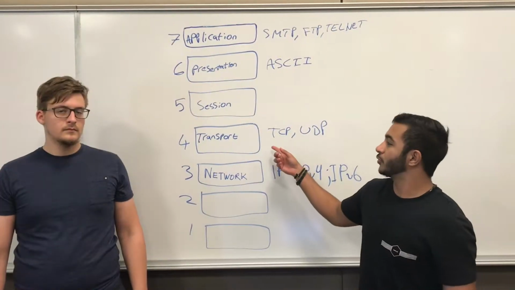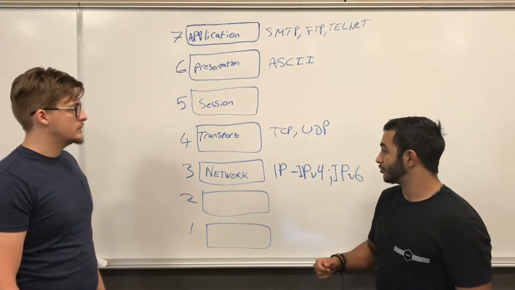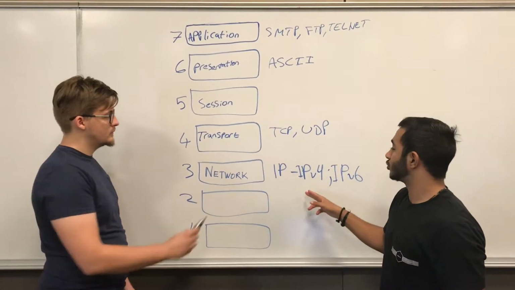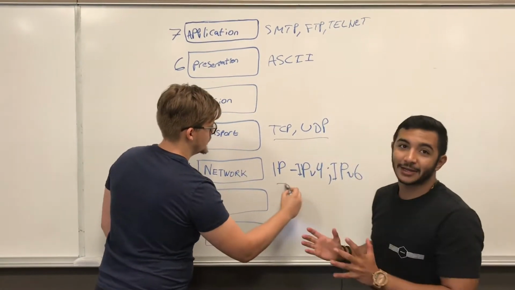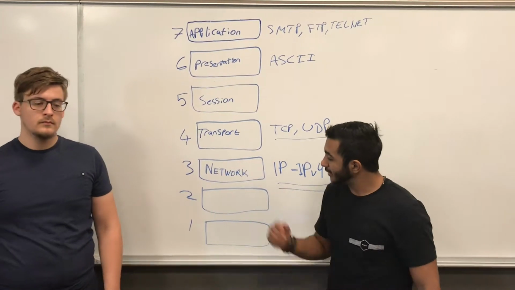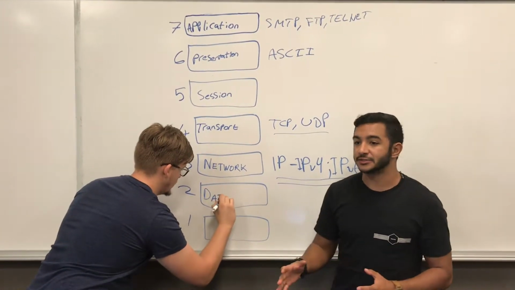So while on the transport layer we have the TCP address of the source and the receiver, the network layer adds an IP address to the packet to be able to determine where to send it. And then the 2nd layer, we have the data link layer, which basically readies a message to be sent.